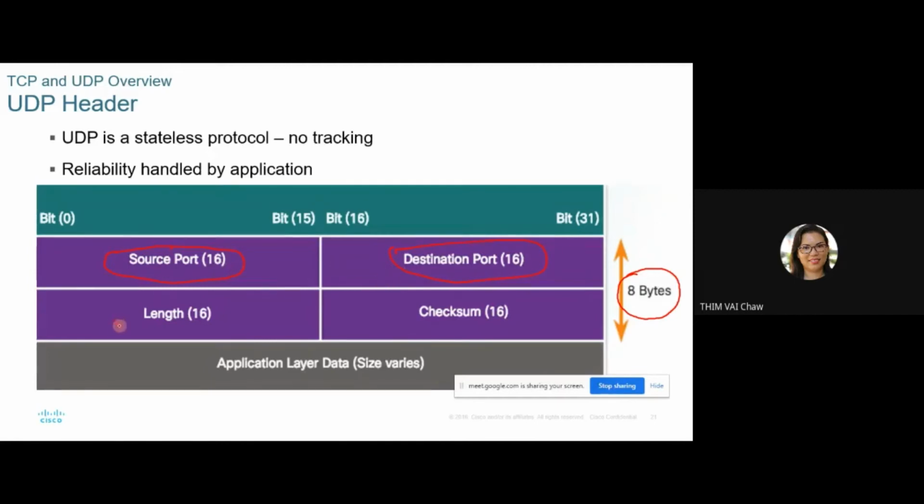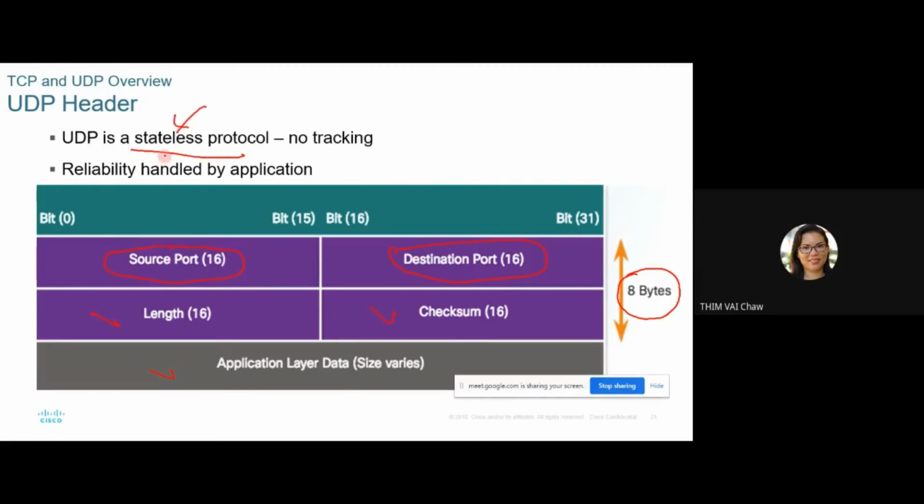Then you have the length, which is talking about the header, and then the checksum to ensure your header has no error only. Then this is the data. They don't have anything else really. That's all for this. So UDP is a stateless protocol.